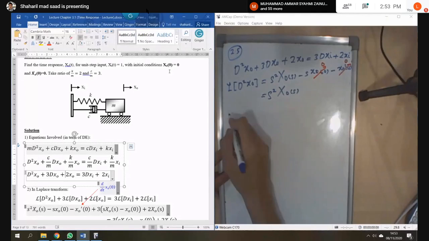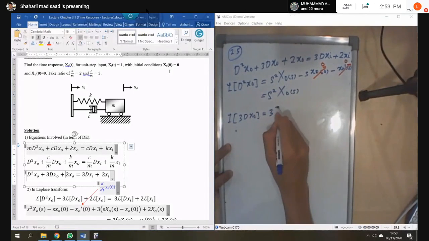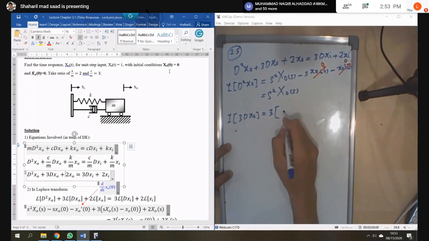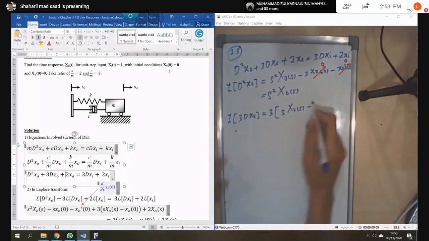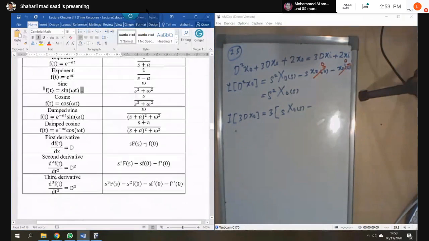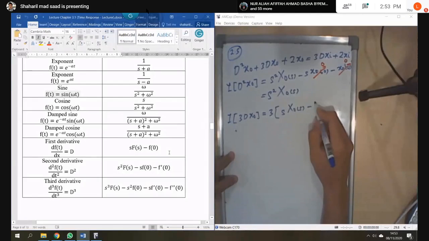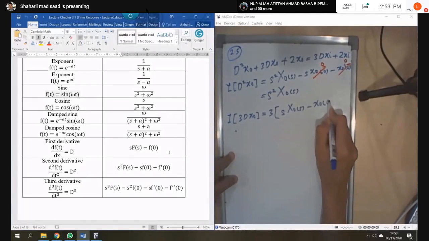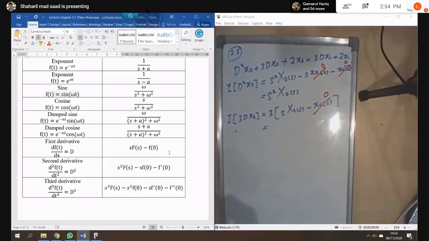Okay, and then when you Laplace 3Dx naught, you got 3 times s x naught of s minus the initial value. I also do not remember the formula, but you got x naught at 0 here, so this one will be cancelled to 0.